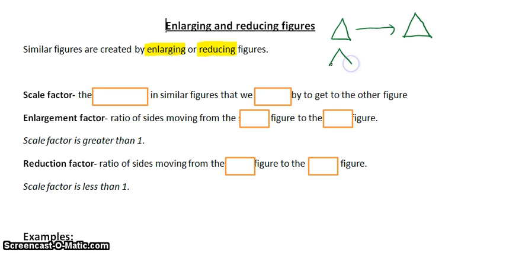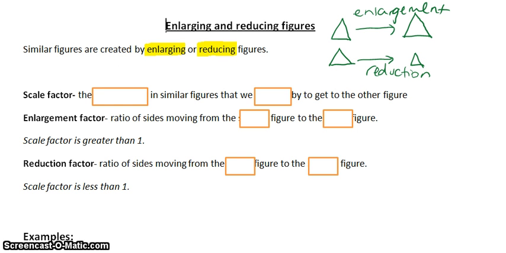Or I could start off with that triangle, or another one, and I want to get to something smaller, so it will have to go through a reduction to get smaller. Okay, so if we're going from something small to something large, that's called an enlargement. And if we're going from the original to something smaller, then that's called a reduction.